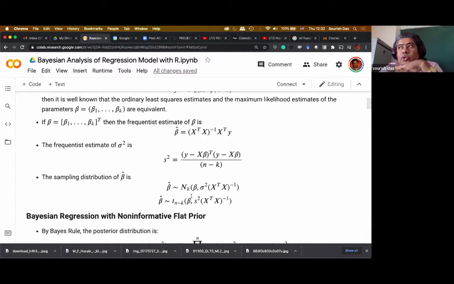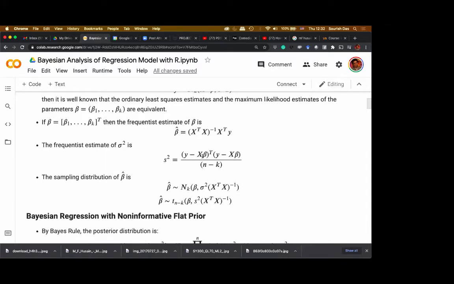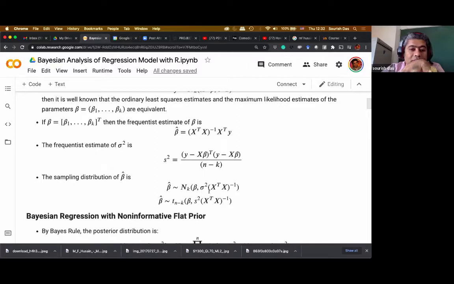You can show that using the concept of ancillary statistics. Basically, they are orthogonal. You can show this thing and this thing are orthogonal to each other. So you can show it in that way. I think the 3rd or 4th chapter has this derivation.